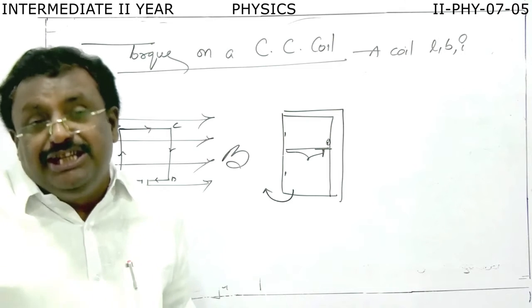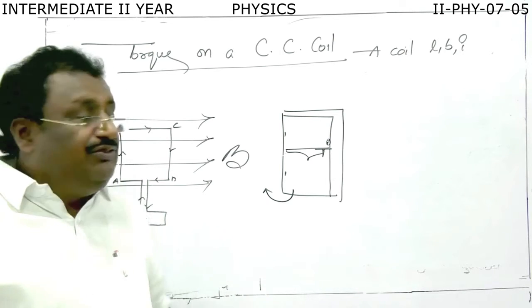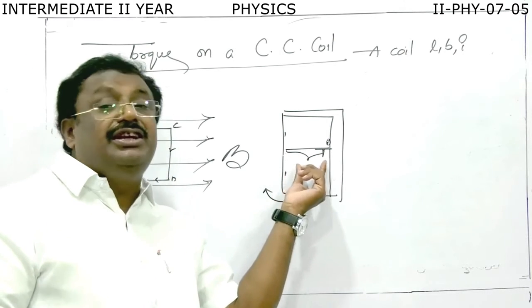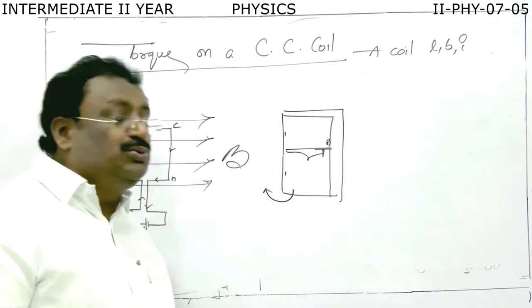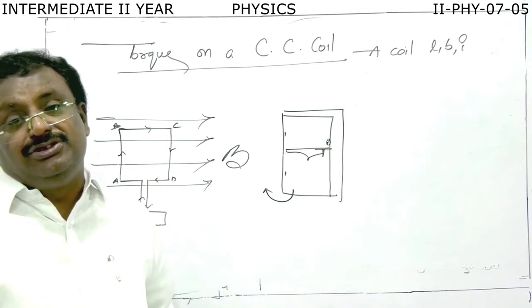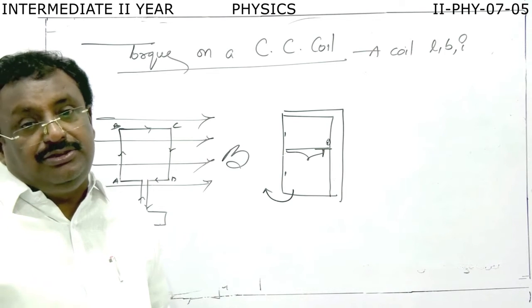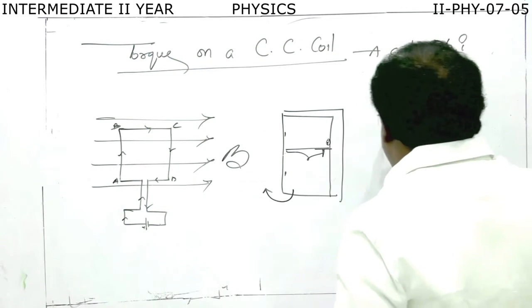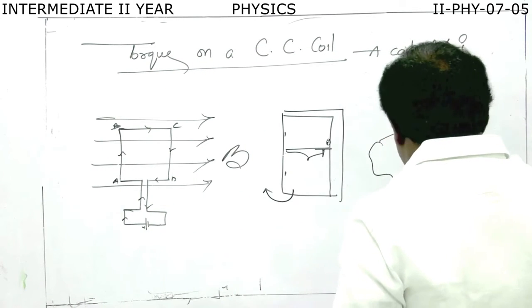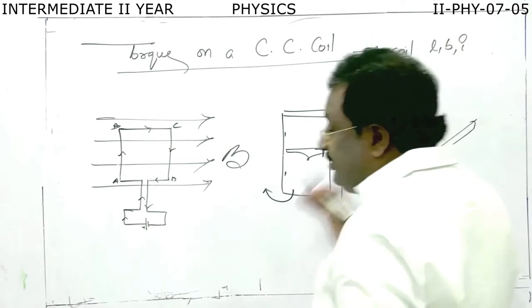So to produce turning effect, along with force, you also need this perpendicular distance. That is why the product of these two is called torque. So to produce turning effect, if you take a crowbar, here is a heavy stone.